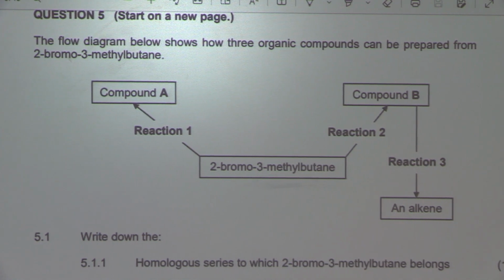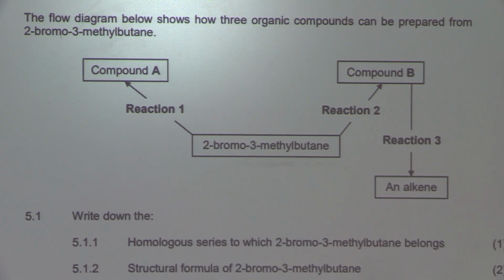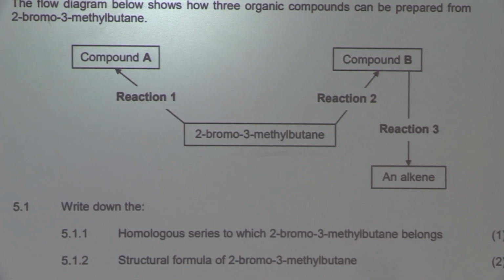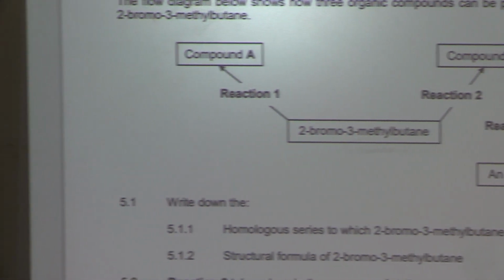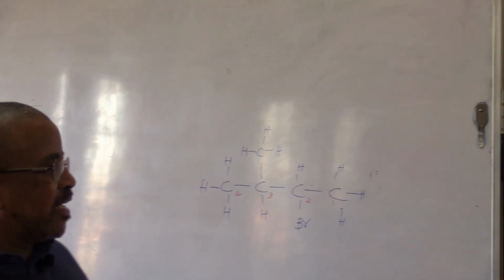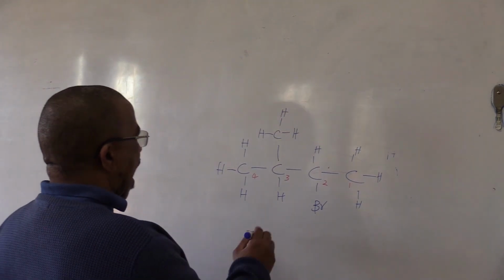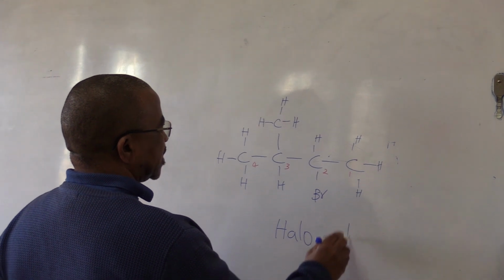Now they say write down 5.1, write down the homologous series to which 2-bromo 3-methyl butane belongs. 2-bromo, that's a halogen. 2-methyl butane, it has single bonds, butane has single bonds, so it belongs to the halo, because the halogen, halo what?